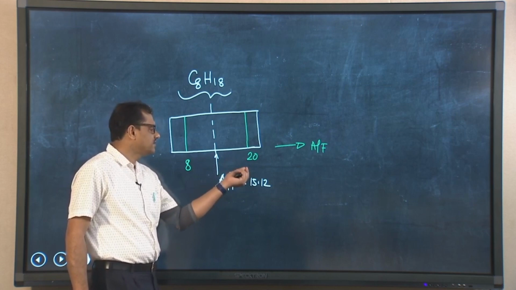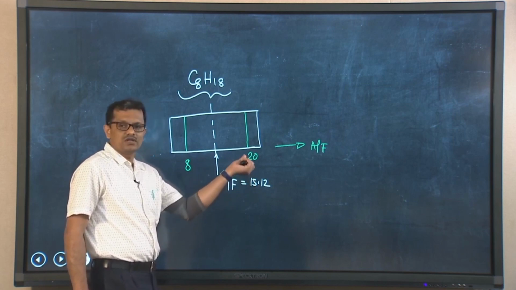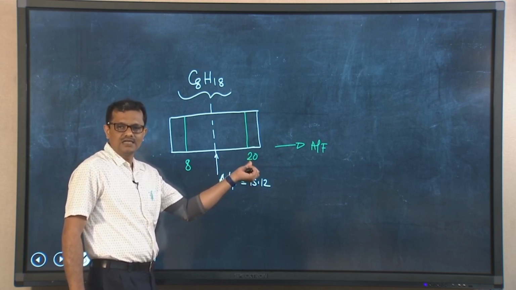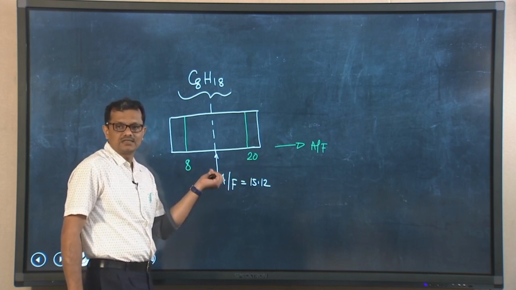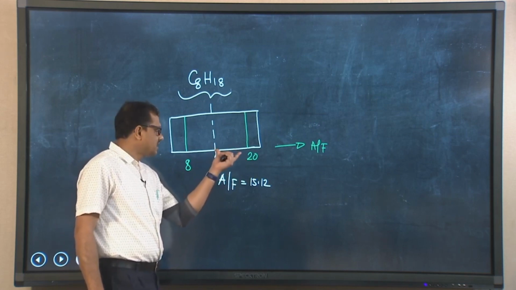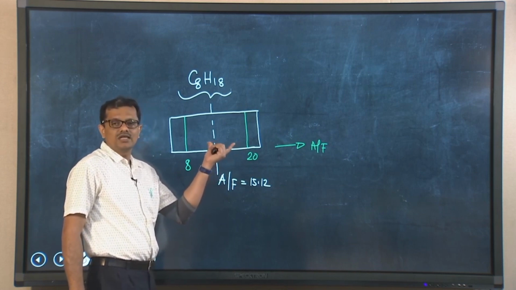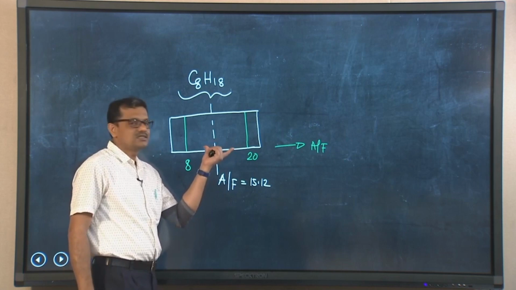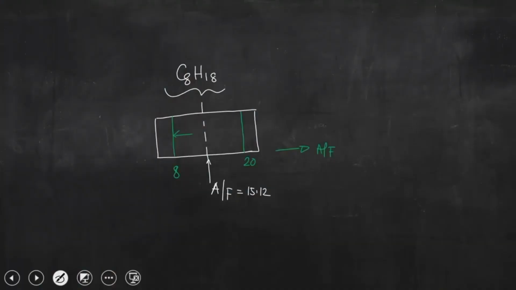When the air-fuel ratio is even above 15.12, more air is present in the mixture; when it is less, less air is present in the mixture. But so long as the ratio is maintained within this range, combustion will occur efficiently and the engine will run, and this is the combustible range.